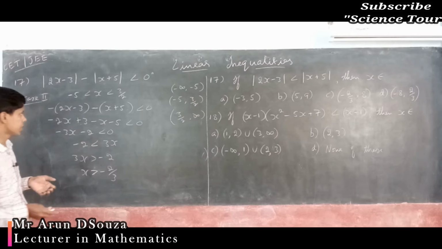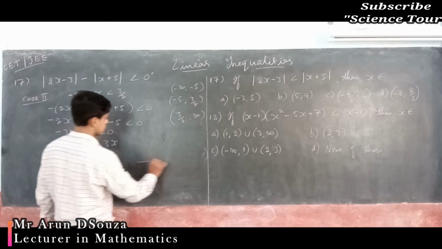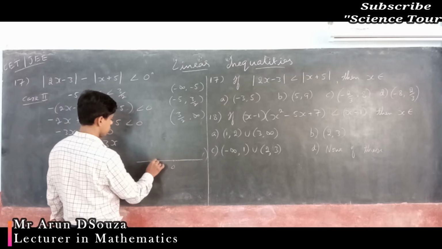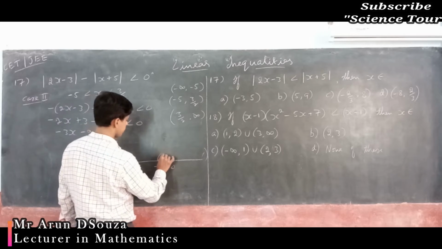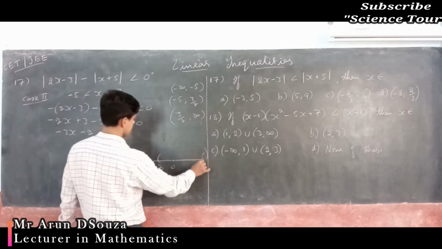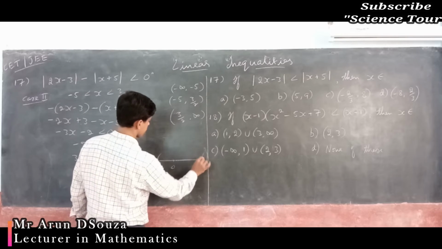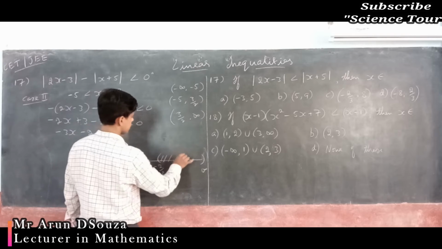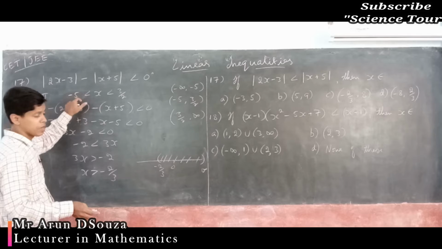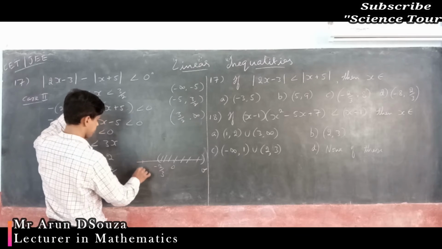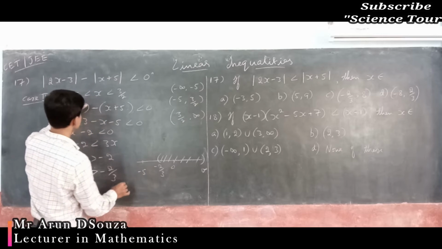So, now once again understand. So, you have 0, minus 2 by 3, greater than, till infinity. So, that is the white region, this region, and between minus 5 to 3 by 2.